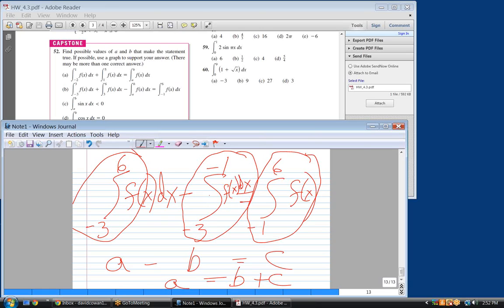If I said this plus this, you can see that the minus 1's the same as that minus 1, so this whole thing has to be the same as minus 3 to 6. In other words, subtraction is just the opposite of addition. So if this minus this equals this, then B plus C has to equal A. And for that to be the case, A has to be minus 3, B has to be minus 1.